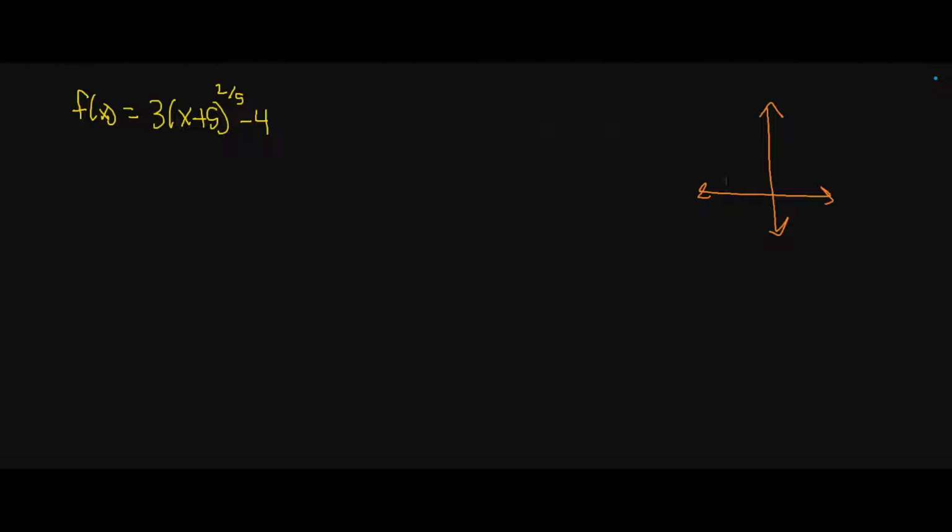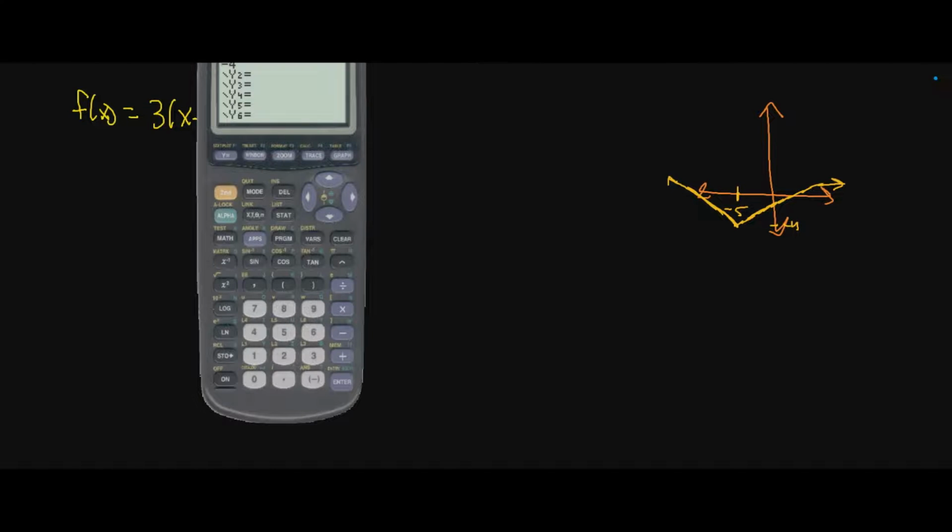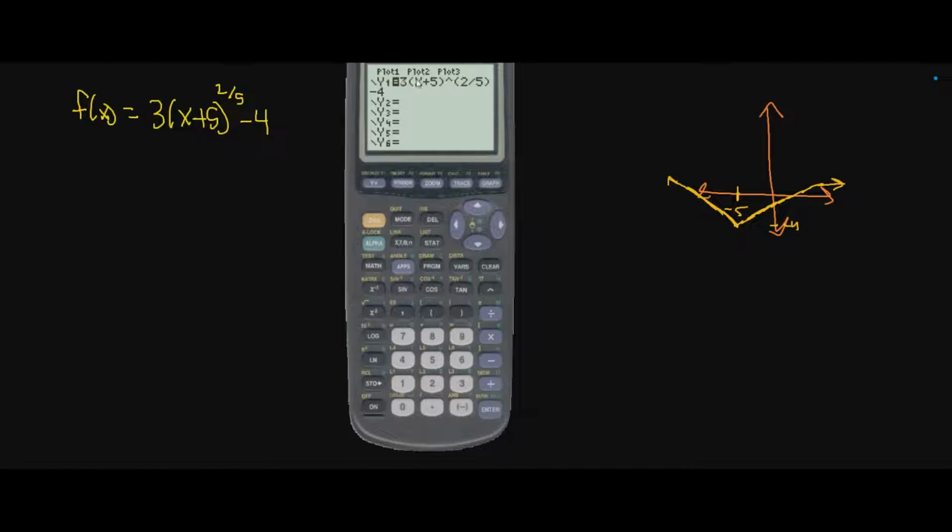Well, x plus 5 means you move to the left, -5, and -4 means you move down. So you should expect your function to make some kind of U or some different kind of shape, maybe more like a bird, something like that. Okay, and here, I already graphed it for us: 3 times x plus 5 raised to the 2/5, -4.